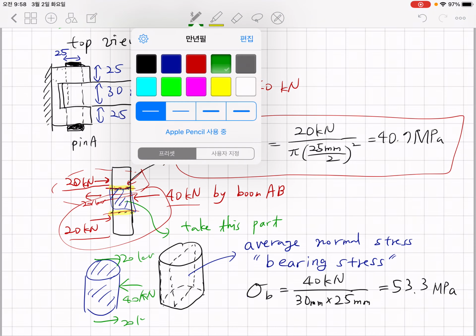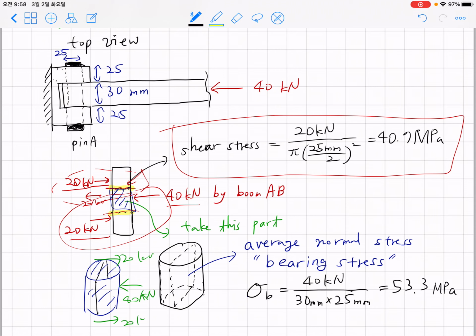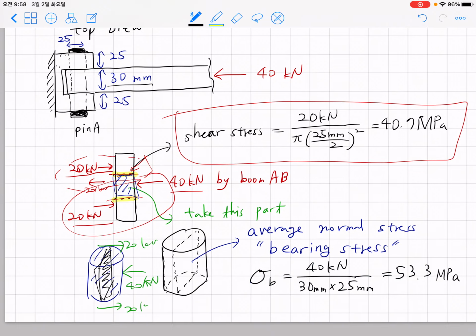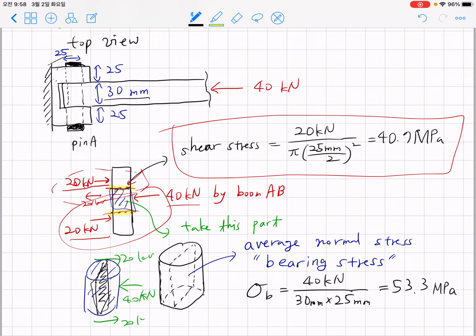If you take an imaginary surface here that is orthogonal to the 40 kilonewton force, with this dimension being 30 millimeter and the diameter 25 millimeter, the total cross-section area is 30 times 25 square millimeter, and the force acting here is 40 kilonewton.